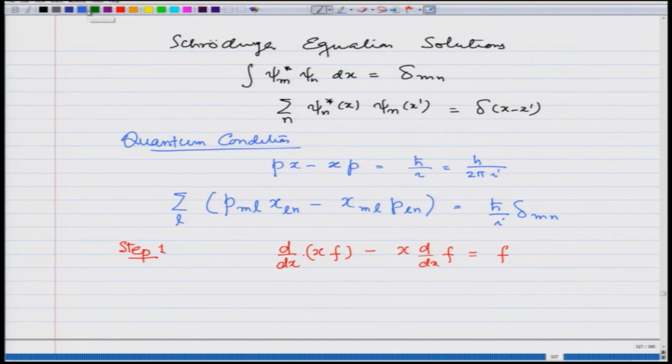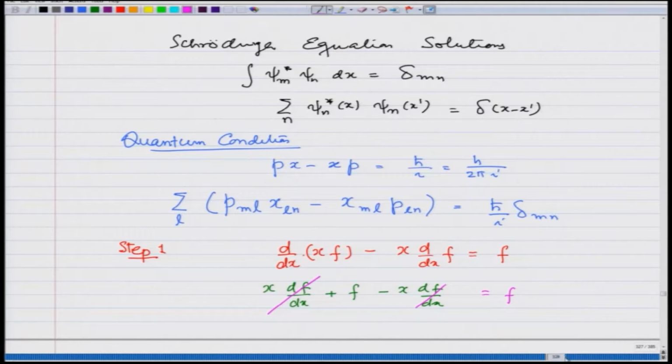So, how do we see that? From the first term we get x df by dx plus f, and the second term is minus x df by dx, and the first term and the last term cancel and you get f.